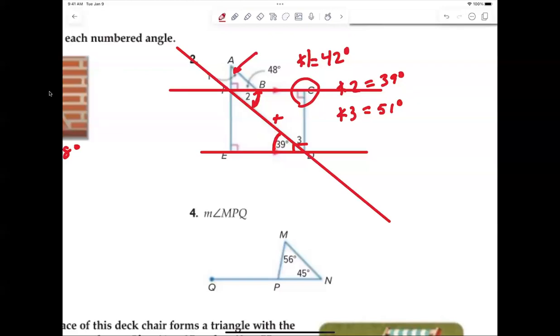Does that make sense now? Anybody have any questions with number 2? I still can't see how they're alternate interior, because the lines are parallel but that angle's not the right angle or anything. This angle right here and this angle right here, those are alternate interior angles.